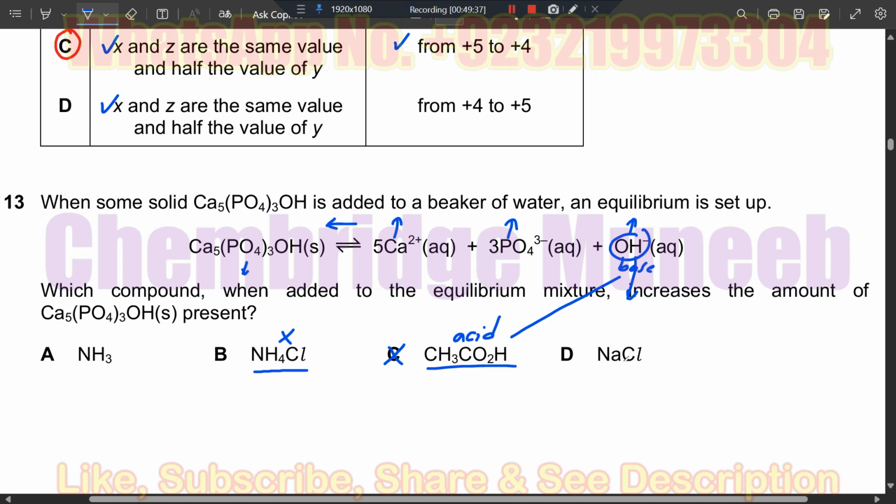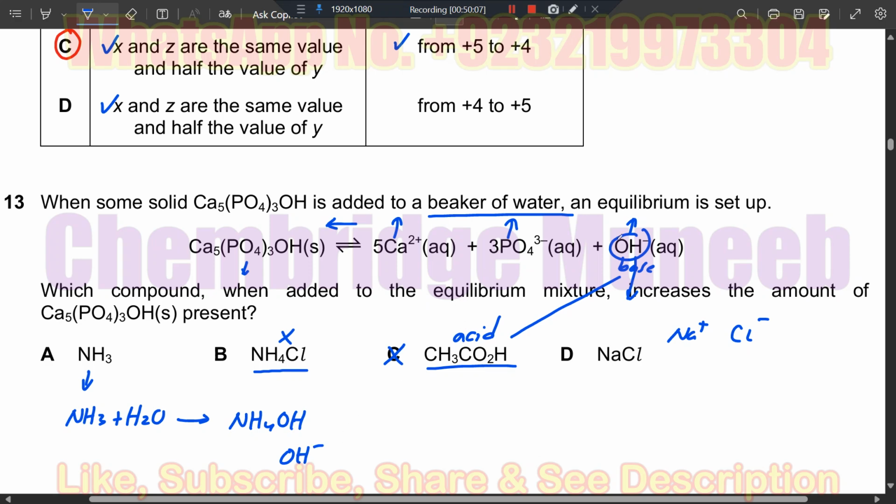NaCl when added into the water becomes sodium ions and chloride ions. So again, there is no single ion matching with these ions. However, if we add NH3 to the solution which contains the water, then NH3 plus H2O will give ammonium hydroxide, NH4OH, and NH4OH contains the hydroxide ion.